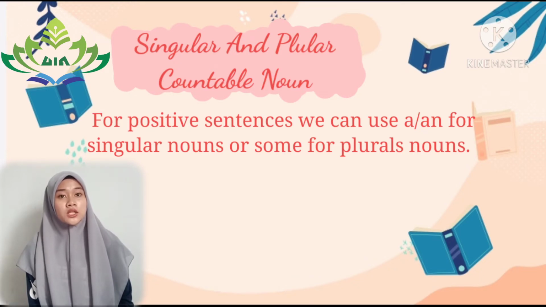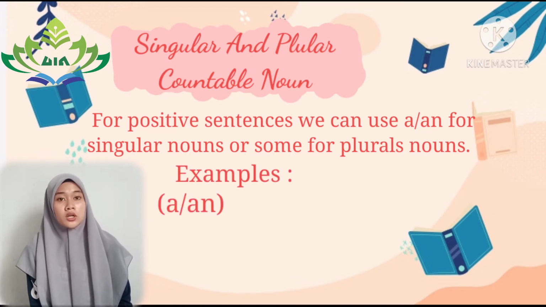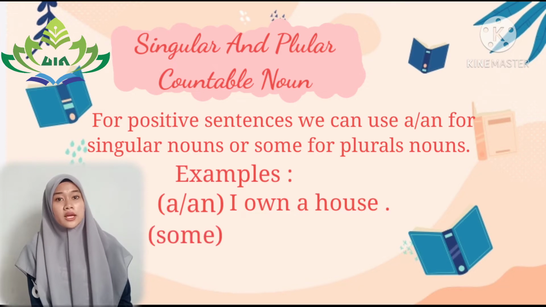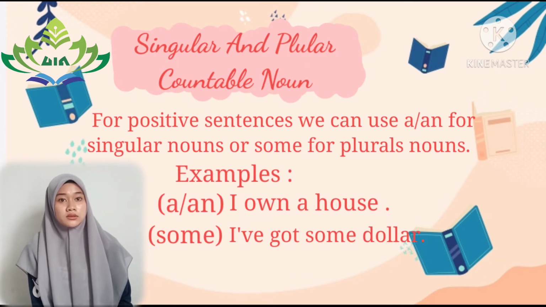For positive sentences, we can use a or an for singular nouns or some for plural nouns. For example, a or an: I own a house. For example, some: I've got some dollars.